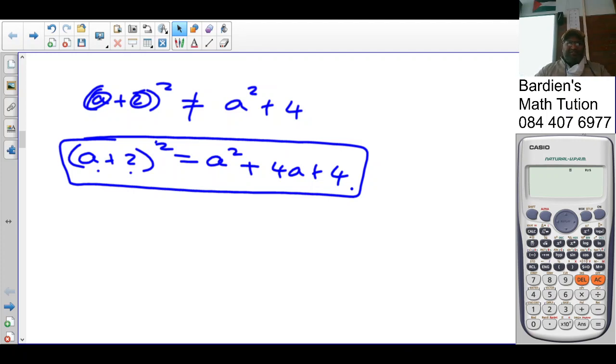Products resulting in difference of 2 squares. I know the video cut out here yesterday for some reason or other. So I'm just going to do the explanation of these two examples again. I know you had to do exercise 1.4, no? Any issues here? No, nothing at all. Alright.